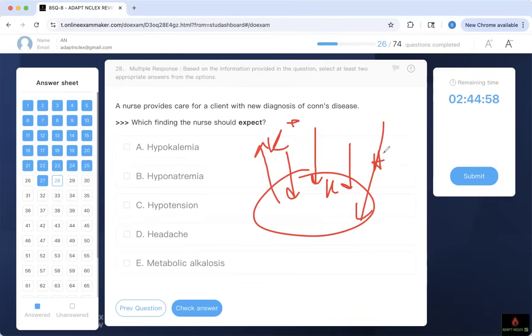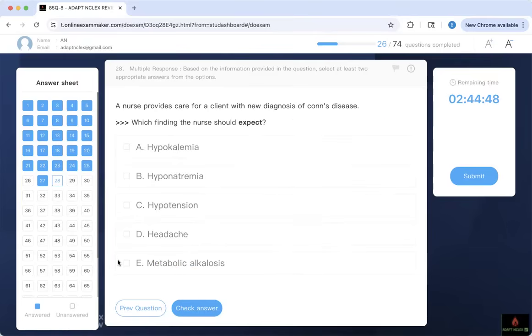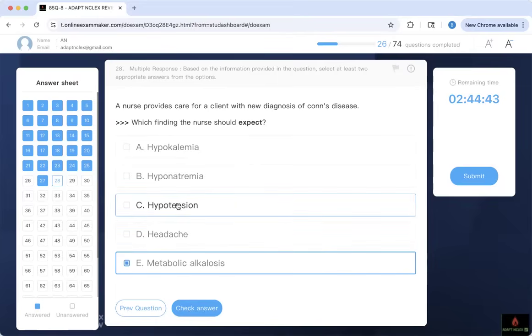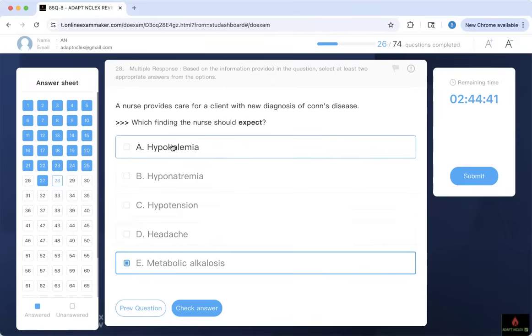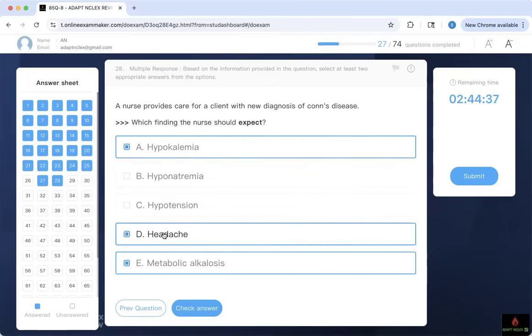So you push acid back inside the cell so that the charges can equilibrate. When you lose acid, you develop metabolic alkalosis. So that's why hypokalemia due to Crohn's disease can cause metabolic alkalosis. Therefore, this and that. Those are your right answers.